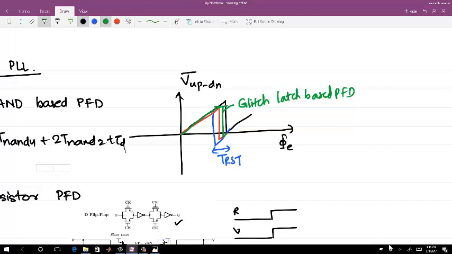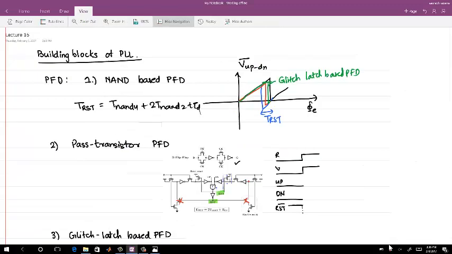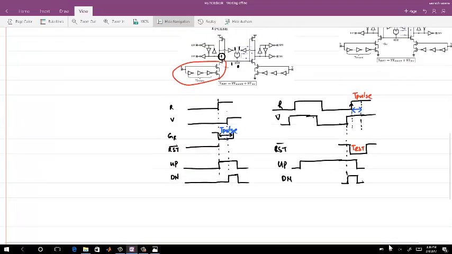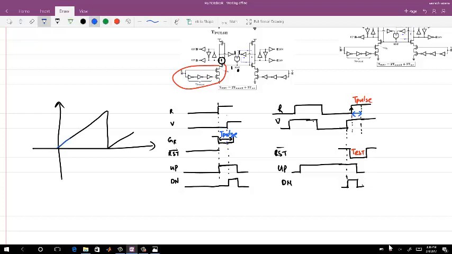So let me just plot it. If regular PFD characteristics are like this, and NAND based characteristics, or you can say pass transistor characteristics, are something like this, then your glitchless PFD characteristics will be flat and then they will be like this.